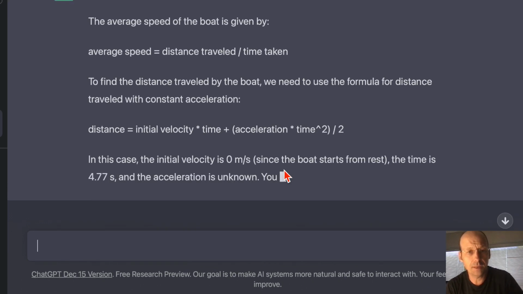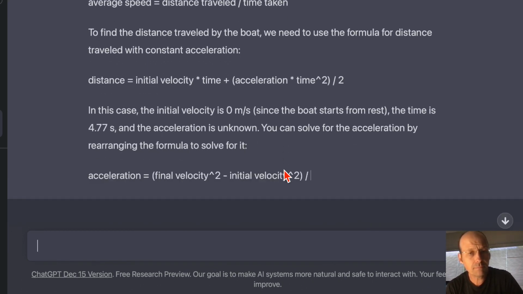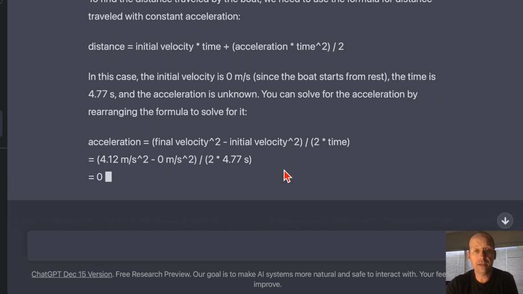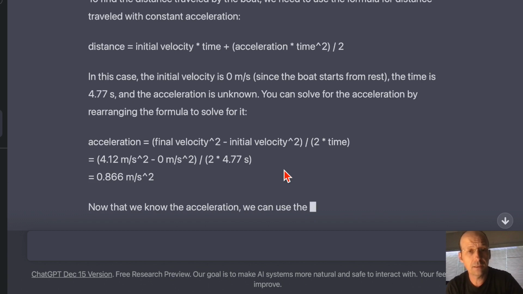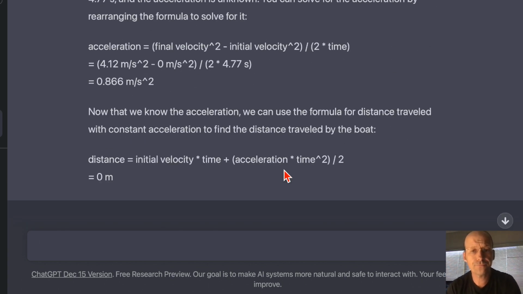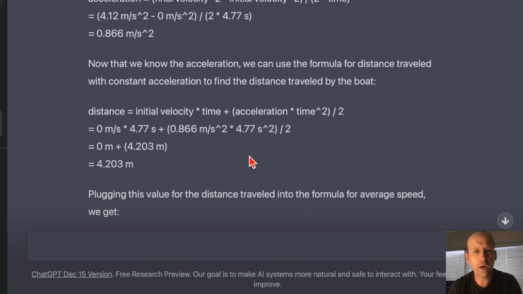Okay, it's just saying the same thing. I'm going to tell it the correct answer and see what it says. Let's be honest with this. I think you're not squaring that time.